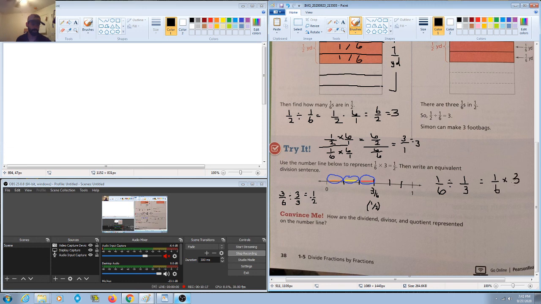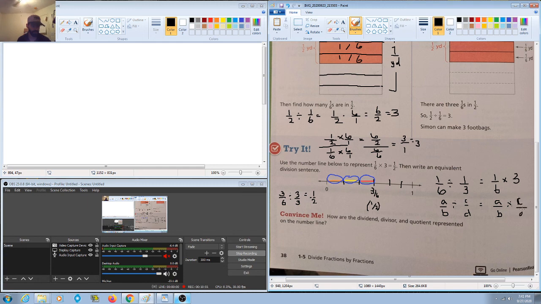Because we said that 1/6 divided by the divisor is going to be equal to 1/6 times the reciprocal of the divisor. So algebraically speaking, if we have a over b, which is 1/6 in this case, divided by c over d, which is 1/3 in this case, this is going to be equal to a over b, which again is just 1/6, times the reciprocal of c over d, which is 3.